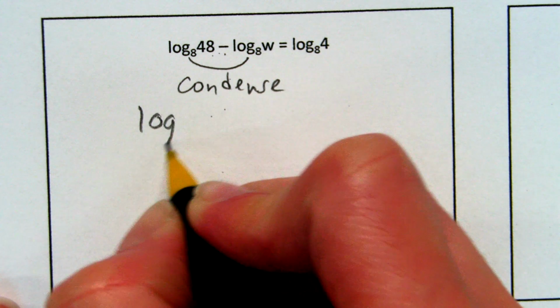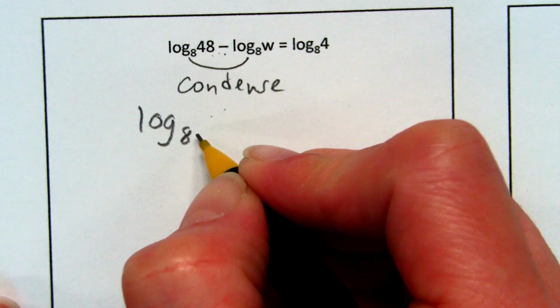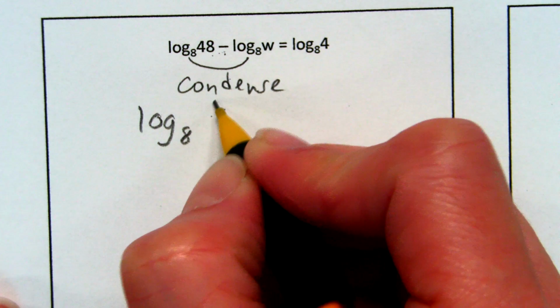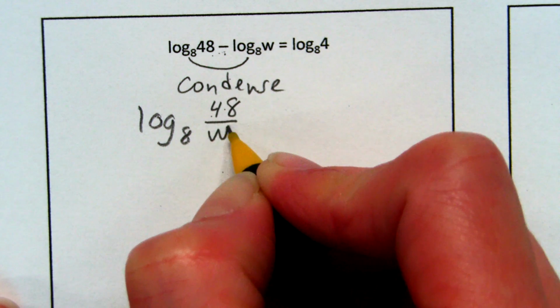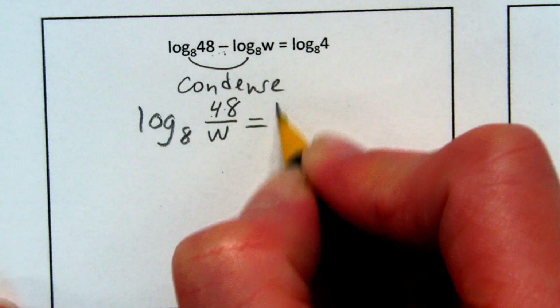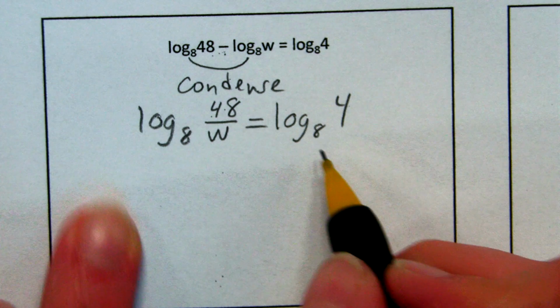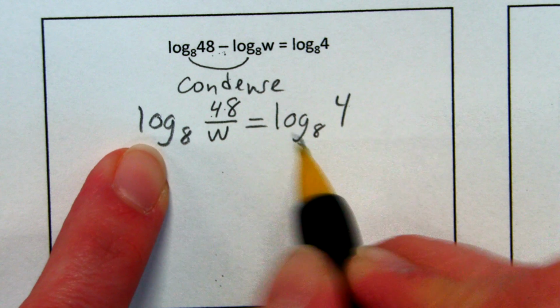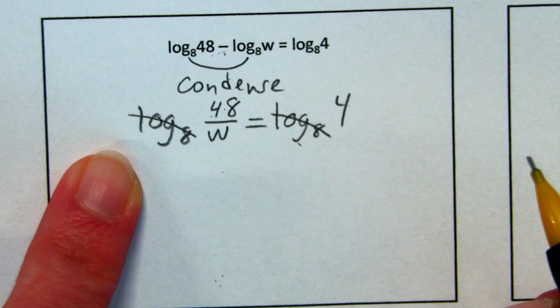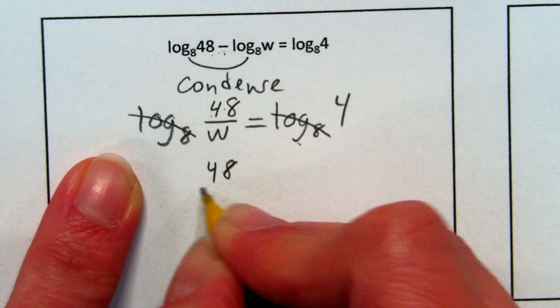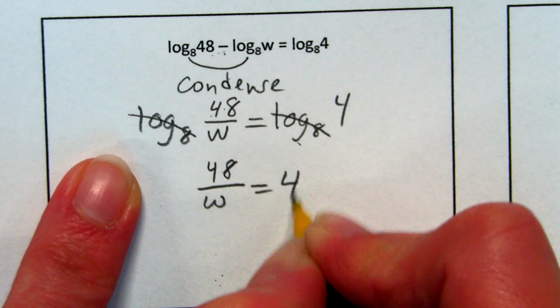So we're going to have log base 8, except with the minus we're going to use a fraction. So it'll be 48 over W equals log base 8 of 4. So we condensed it so there's just one log on each side. And then I can cancel out the log base 8s. And you get 48 over W equals 4.